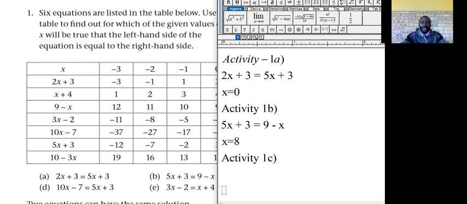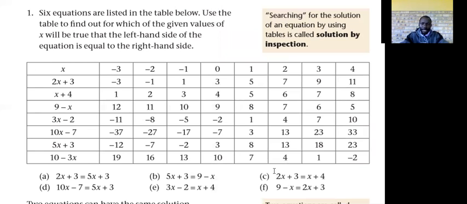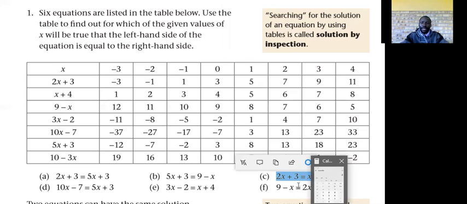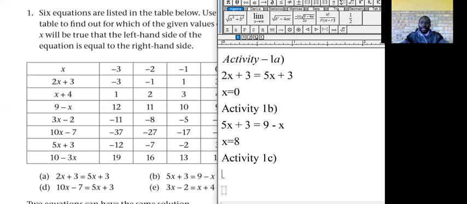So for activity 1 part C, what are we going to have? Well, activity 1 part C is this question here. So what do we do? Well, let's first have it on our answer board, like this. Now, we would like to find the value of x.